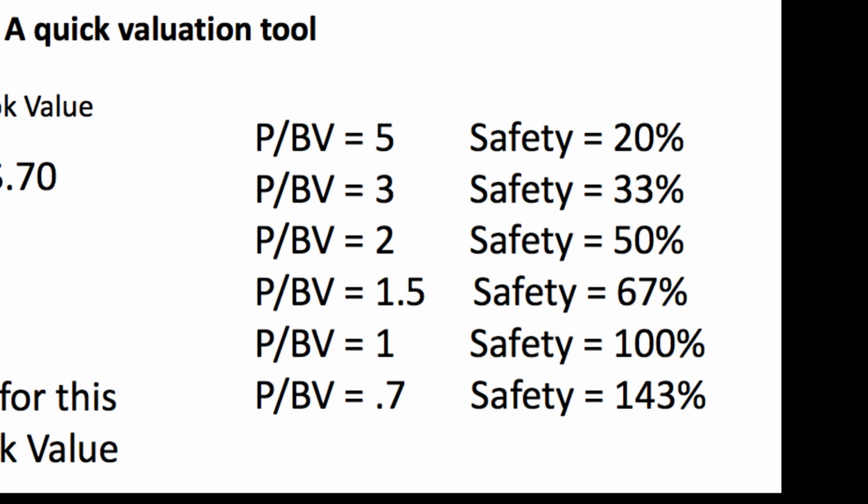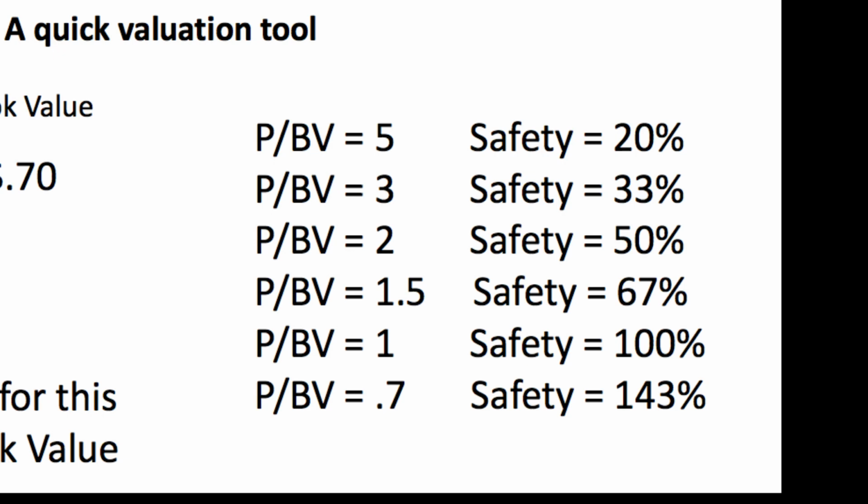As you go down those numbers through 3, 2, 1.5, to 1, and then 0.7, you can see how that safety changes. When the price to book value is a 1, that means if you bought the business for $100,000 and sold it immediately, you could liquidate the business and get $100,000. That's what a price to book of 1 equals.